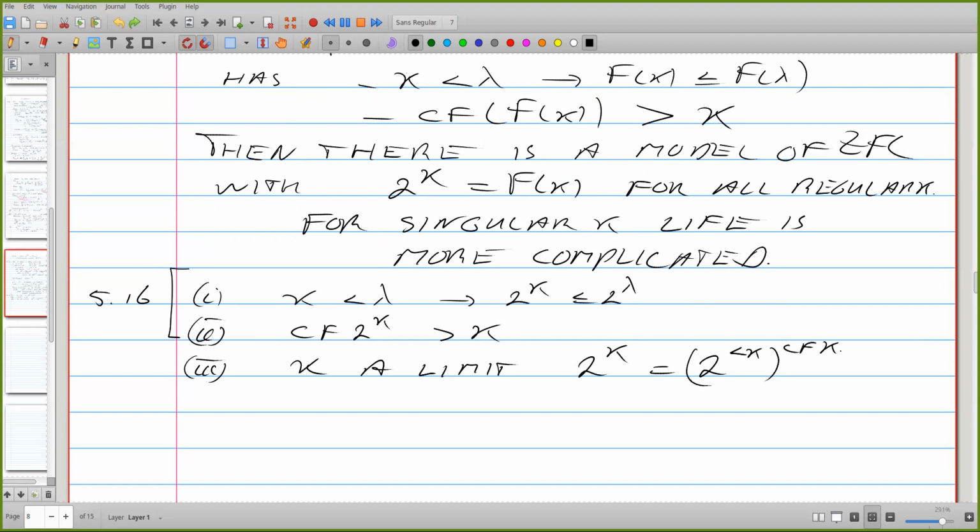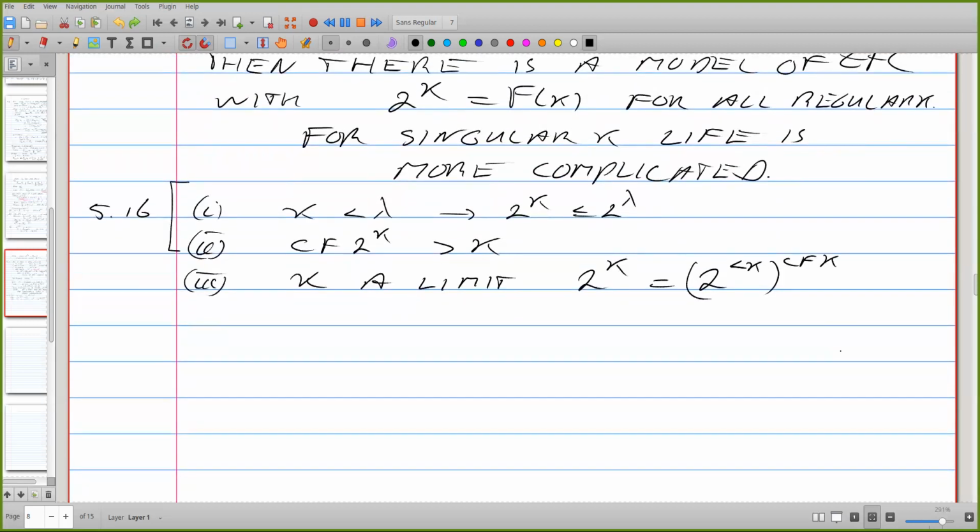Here is a strange equality. If kappa is a limit cardinal, then 2 to the kappa depends on the smaller powers of 2. You take the supremum of all the 2 to the lambdas where lambda is less than kappa, and take that to the cofinality of kappa, and that is what 2 to the kappa is.